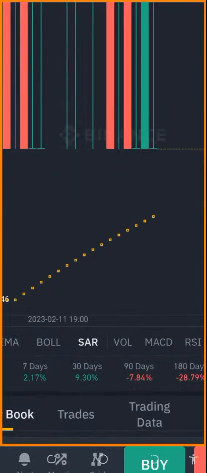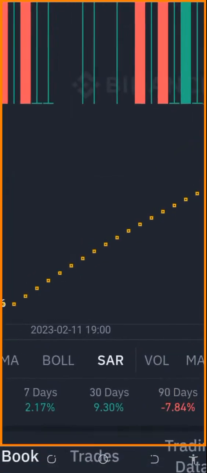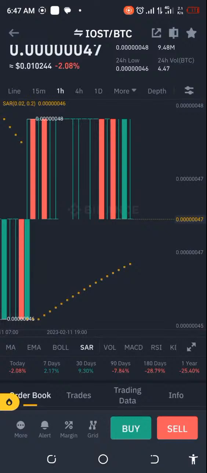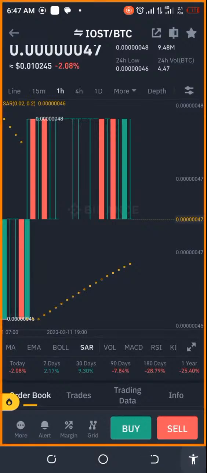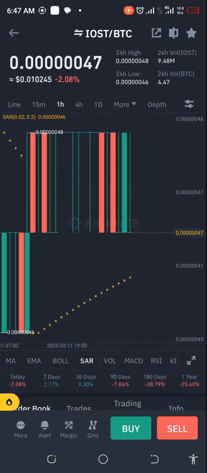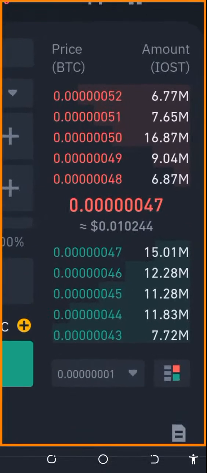But look at the base: the parabolic SAR is still in the upward trend, so definitely it was still going to climb. Currently the price is at 0.000047, when at the time we placed it was 0.00048. That's going to take some good time, probably another 4 hours, and I don't think I had that amount of time to waste.